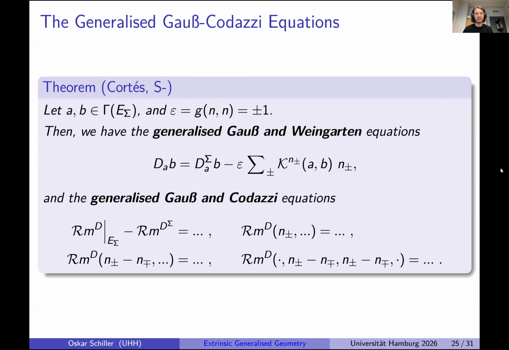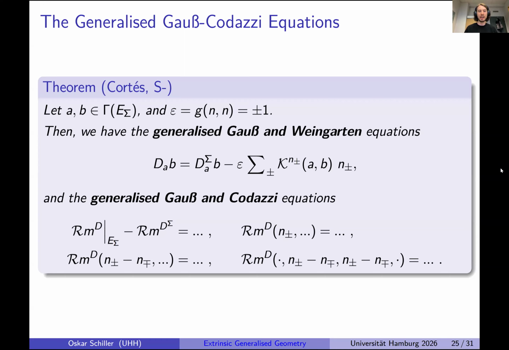And then with them, you can establish the generalized Gauss-Codazzi equations, which we do. Again, these relate the generalized Riemann tensor of the ambient space with the generalized Riemann tensor over the hypersurface. These equations are quite lengthy, but they are reminiscent of the normal Gauss-Codazzi equations, and you can work with them.